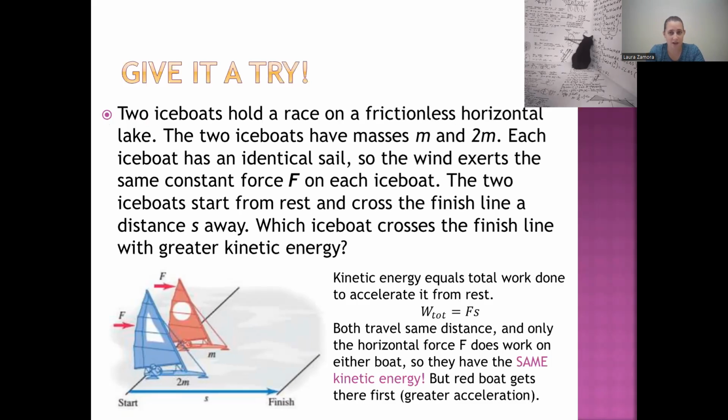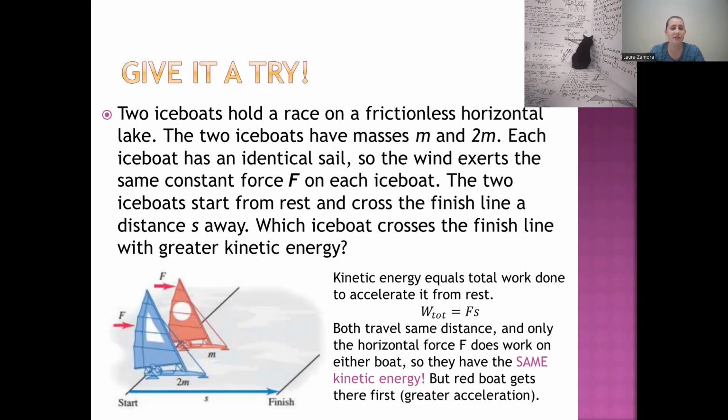The kinetic energy is the total work done to accelerate it from rest, right? Both of these boats are starting from rest. They are not moving at the beginning. We know that work is force times the displacement. Both of these boats are traveling the same distance, so they have the same displacement. They both have the same horizontal force acting on them.